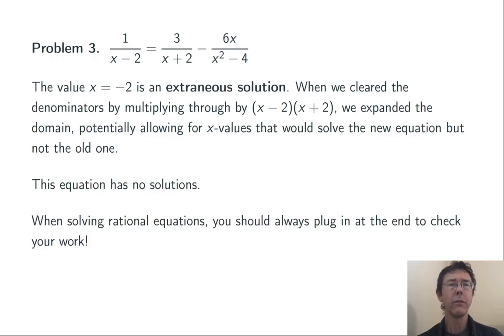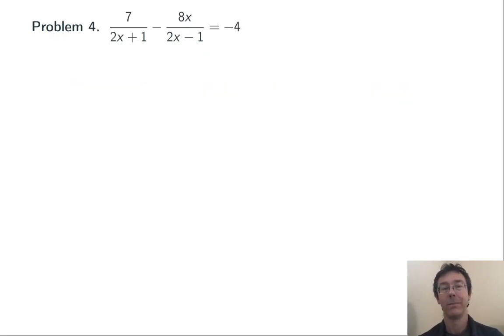Since x equals negative 2 isn't really a solution, this problem actually has no solutions at all. Bottom line, when you're solving rational equations with variables in the denominator, you should always plug back in at the end to make sure that the answer you have is an actual solution, not an extraneous one.